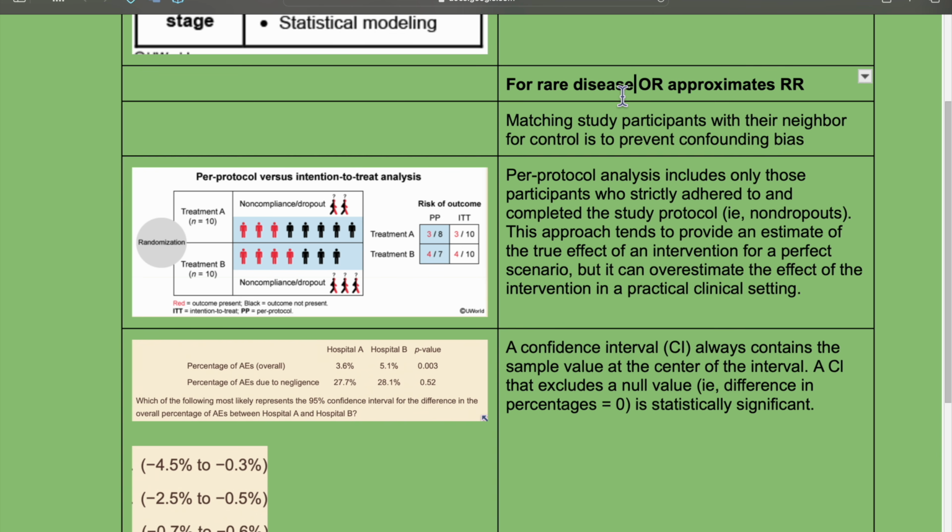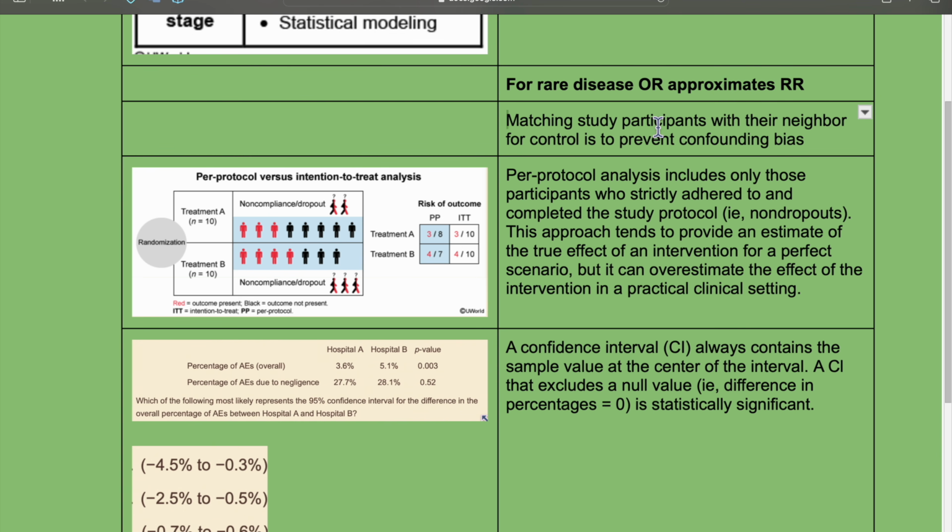It's because it is a rare study and a rare disease. So in rare disease, OR can approximate RR. Okay, again, in rare disease, odds ratio can approximate relative risk.